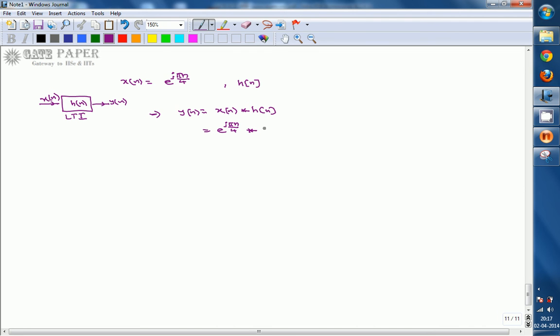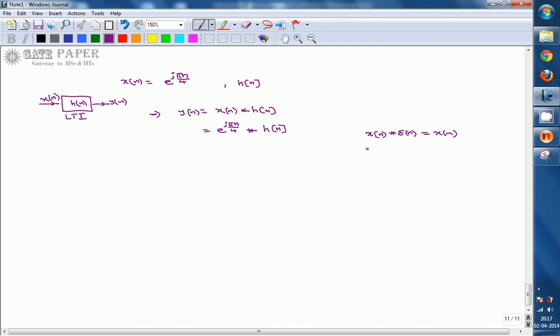Here h of n is in terms of impulse sequences. We know that x of n convolved with del of n is always equal to x of n only.